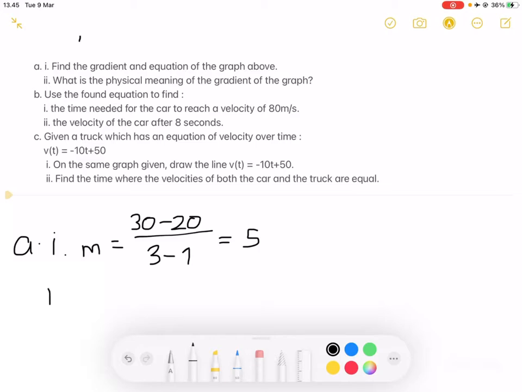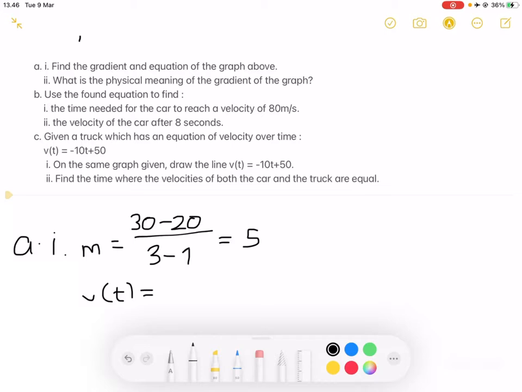And for the equation of the graph, we know our point-slope formula is y equals mx plus b, where in this case y and x are changed into different variables, which are v of t and t respectively.